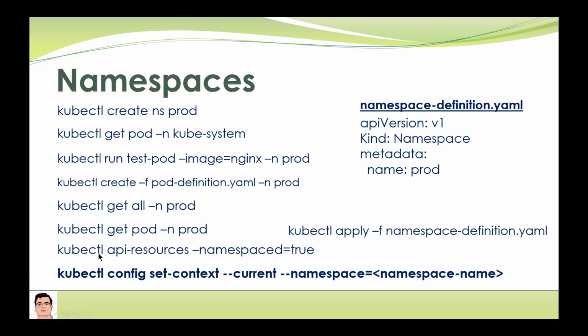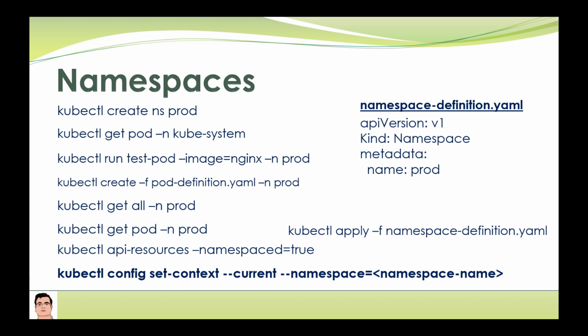Okay, kubectl api-resources --namespaced=true. It will fetch all the objects which have a dependency on the namespace, like the pod. When you create a pod and provide the namespace, it will be created in the namespace that we already mentioned.